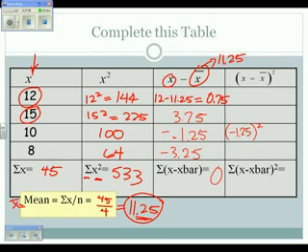So when we do 0.75 squared, that will be 0.5625. And then when we do 3.75 squared, and then in parentheses, negative 1.25, close parentheses, squared.